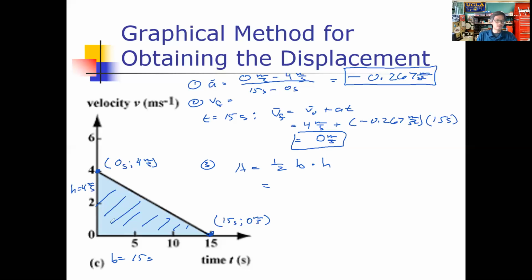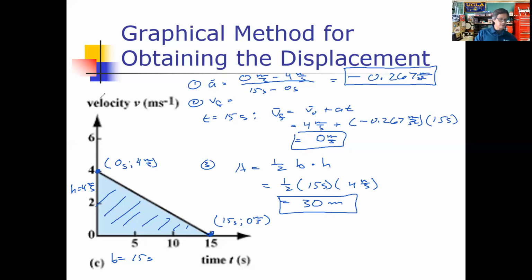So it's 1/2 times 15 seconds times 4 meters per second, and we get a total displacement of 30 meters. All right, so that's how we would go about calculating using the graphs here.